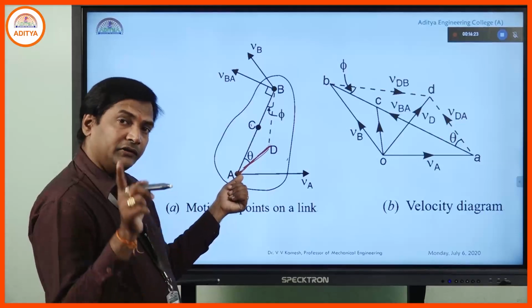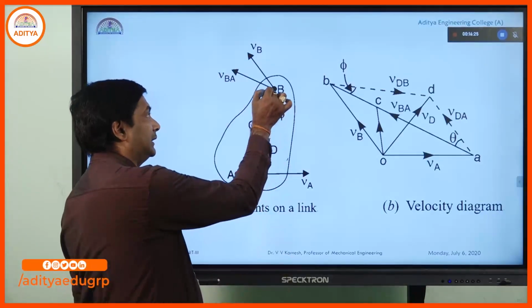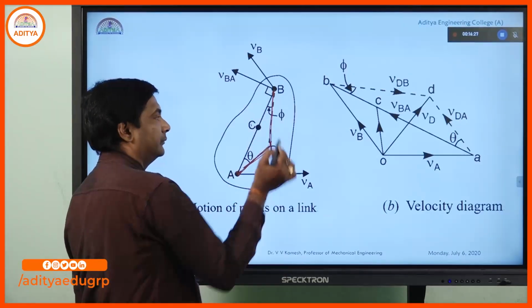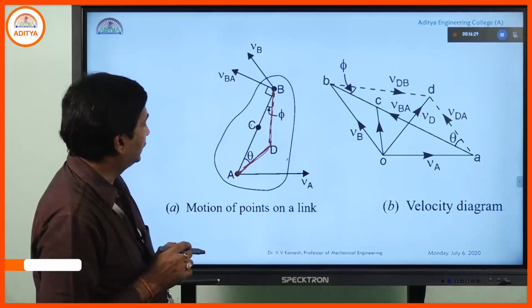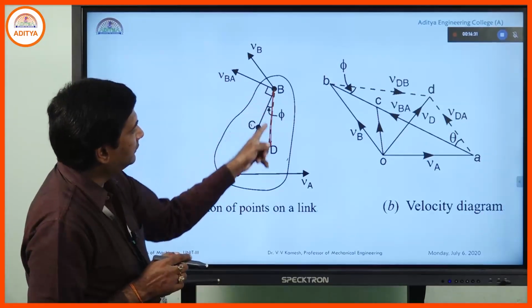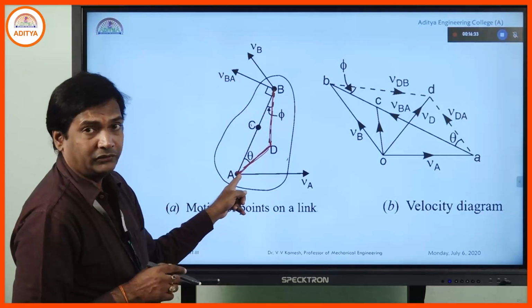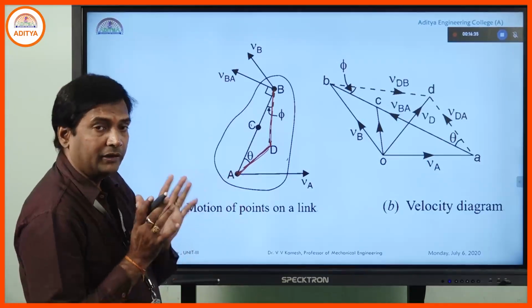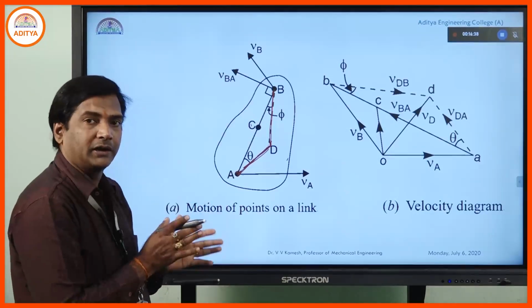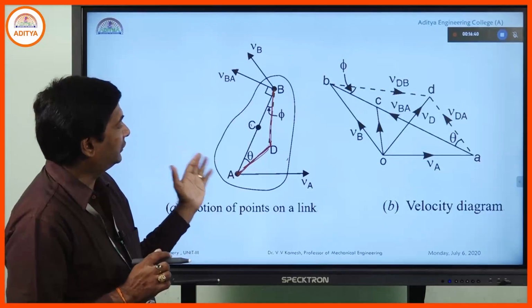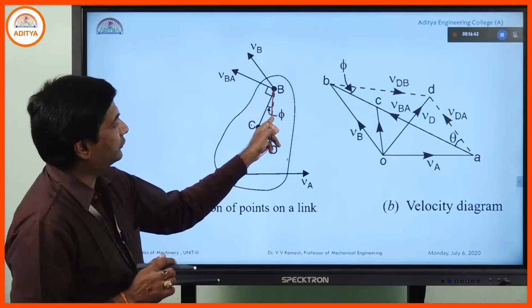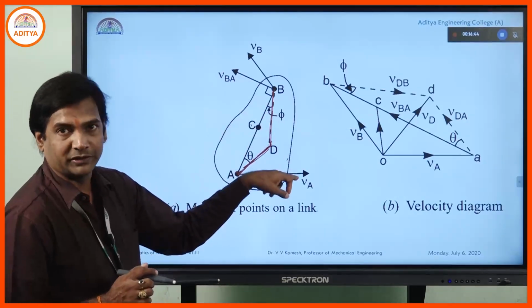D is again identified as a point on another link BD. That means AB is one link, BD is another link and DA is another link. When we call the entity a separate link, automatically the velocity of link AD and the velocity of link BD will come into the picture.